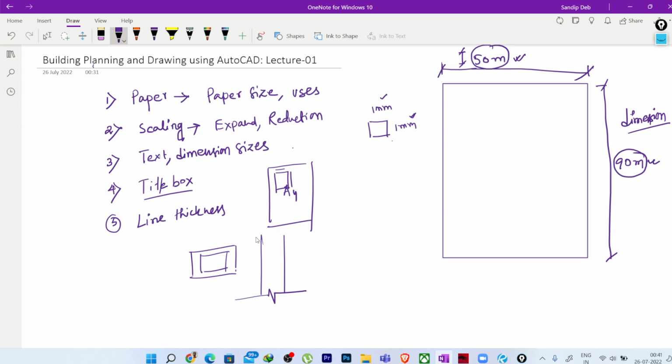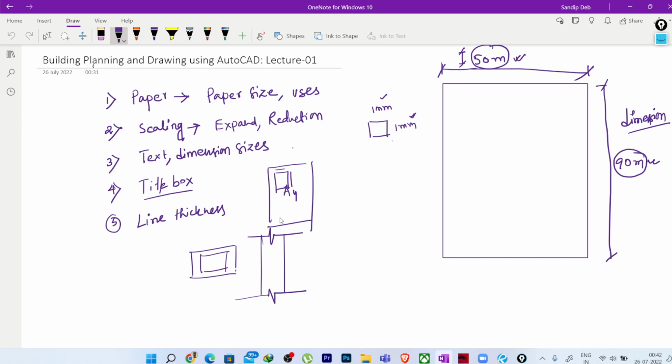We have shown only a portion of the road. So what will be the thickness of these lines? How do we mention the line thickness for the walls, and for other objects? There should be a difference between these line thicknesses, and we need to know how to provide them. So these things we also need to know before making the drawing.